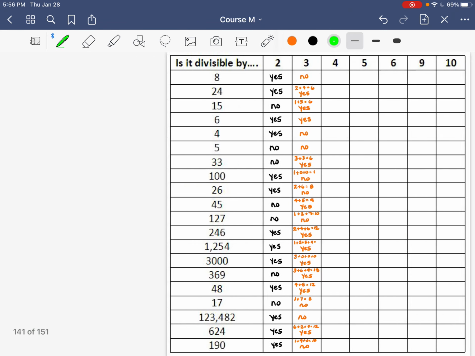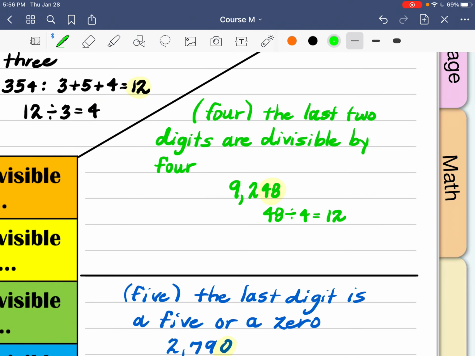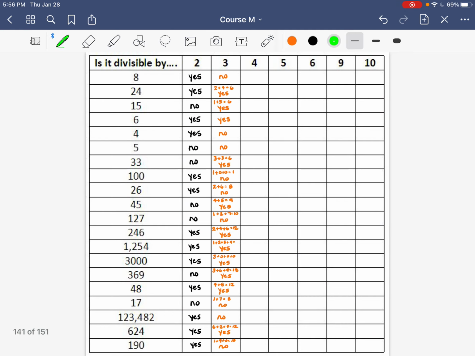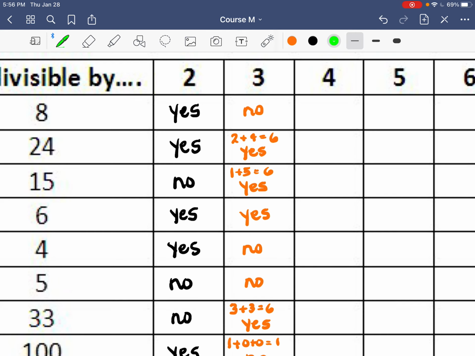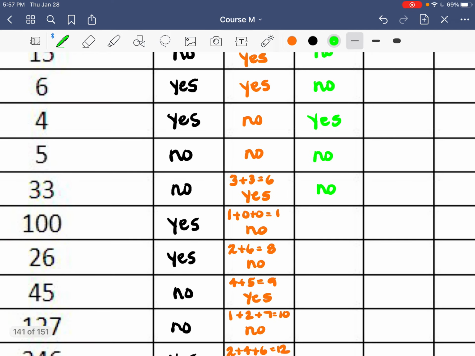Okay, for 4. A number is divisible by 4 if the last two digits are divisible by 4. So this first one, we have an 8. That is divisible by 4. 24 is divisible by 4. 15 is not. 6 is not. 4 is divisible by itself. 5 is not. 33 is not. 100 is a little tricky.